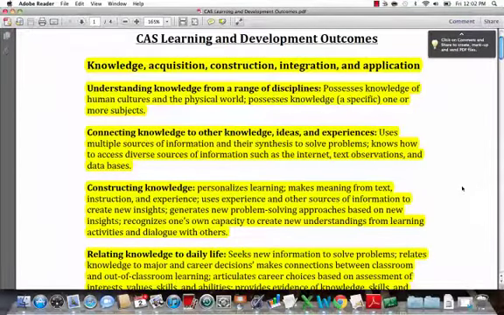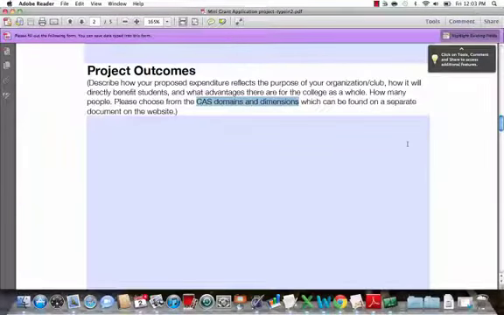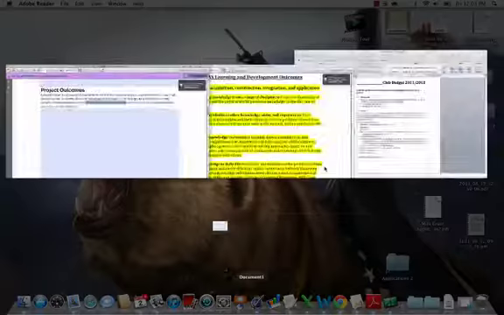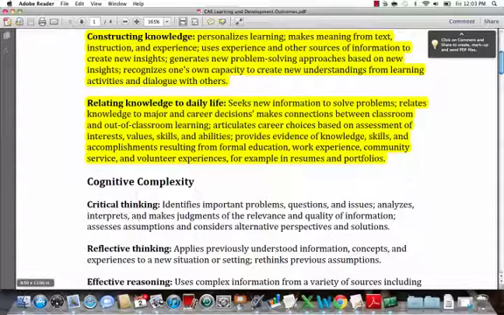And what you need to do is take a minimum of 2 of these and put them onto what your outcomes are going to be. You're going to choose 2 of those and you're going to write out what it is. For example, if you did critical thinking, where's critical thinking? Critical thinking right here.